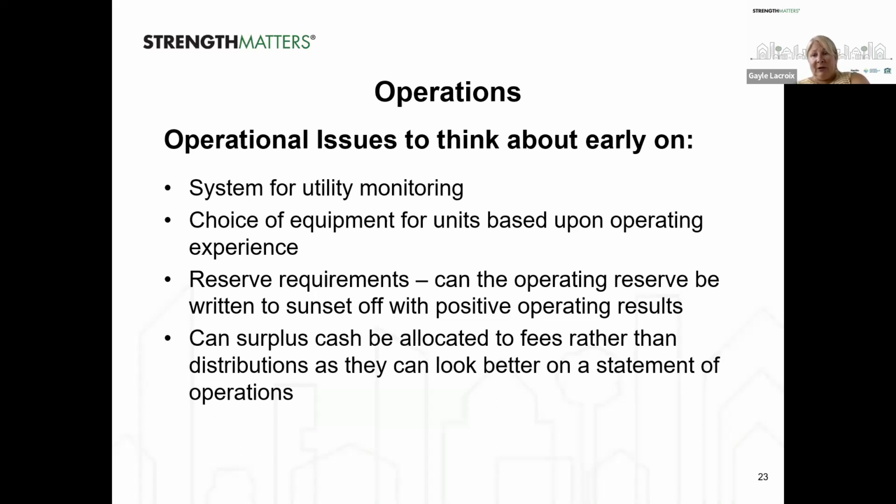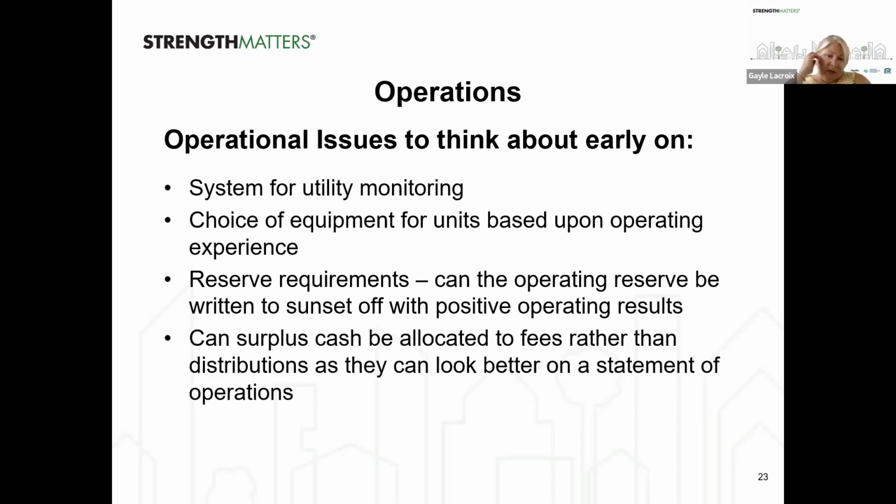So think about how you're collateralizing reserves. It doesn't necessarily have to be cash sitting in a bank making no money, because that's what they do these days, right? They make no money. So think creatively about how you can meet reserve requirements. It can really help. And in that case, we would have had deferred development fee, but we avoided it because we were able to use the cash to pay the fee instead.